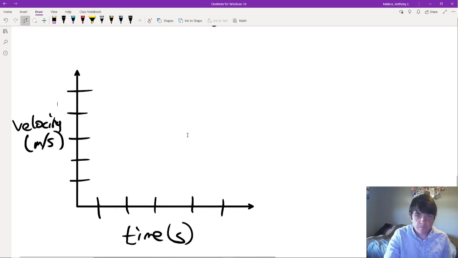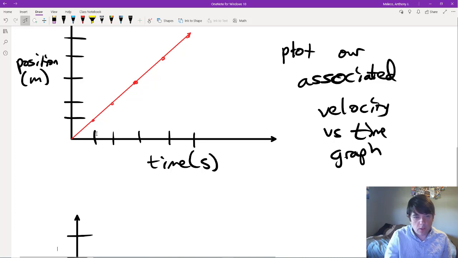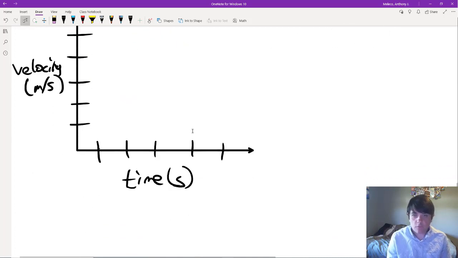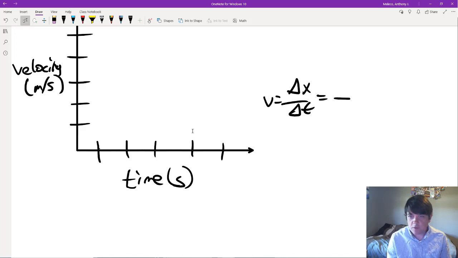And let's look at this. In second 1, we've gone 1 meter. So the change in position over change in time, which is our velocity, is going to be 1 second on the bottom and 1 on top, which will be 1.